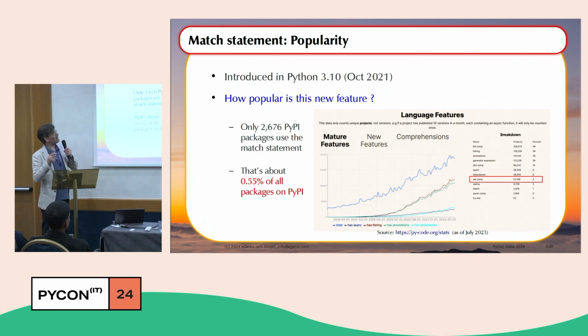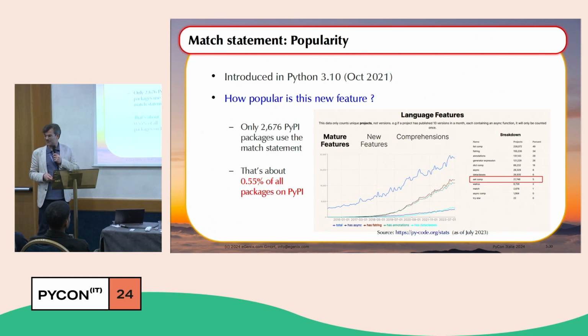Now, why am I giving these talks? I have another talk on the match statement as well, a simple one, which is kind of similar to what Siddhartha did. I basically decided to do this because I found that the match statement is not being used a lot. And the reason behind that is, I tried in 2001 with PEP 275 to get a switch statement, which is kind of similar, into Python, and it was rejected at the time.